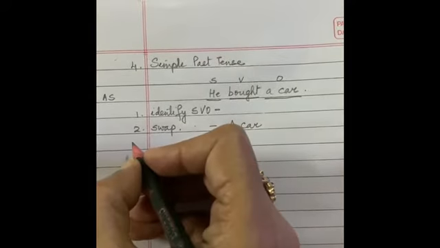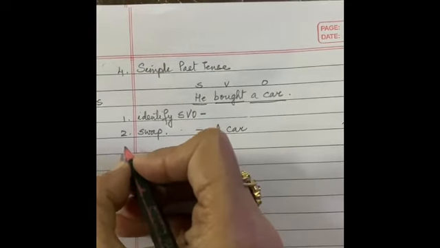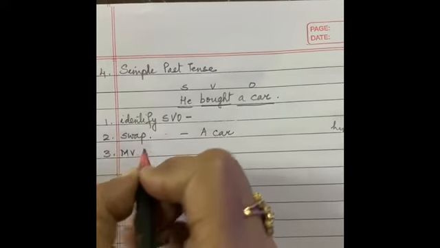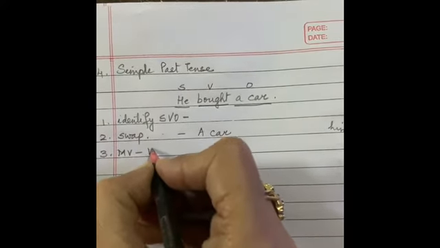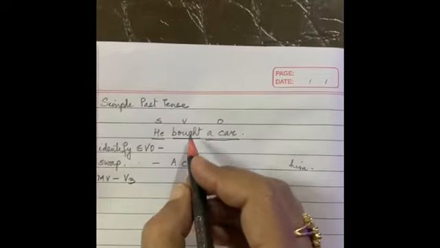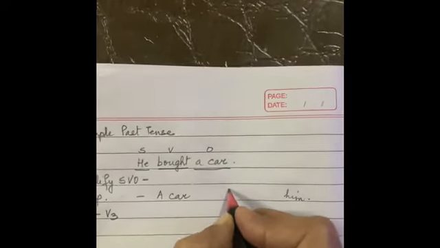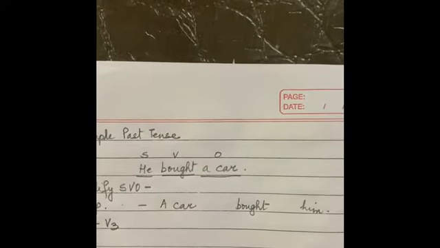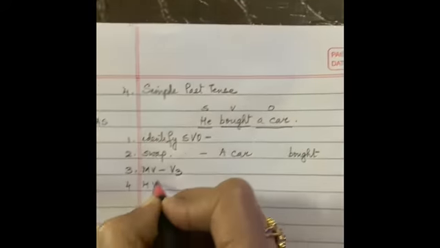Then converting the main verb to third form, third step. Main verb will be converted into third form of verb and it will be bought. Next, adding the suitable helping verb.